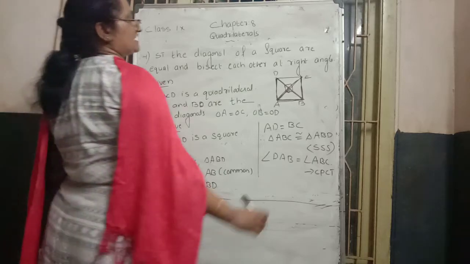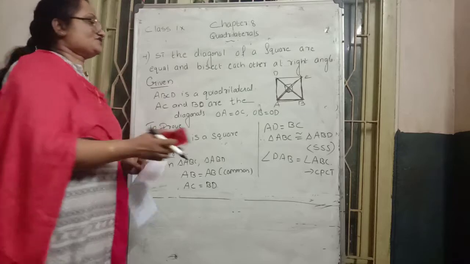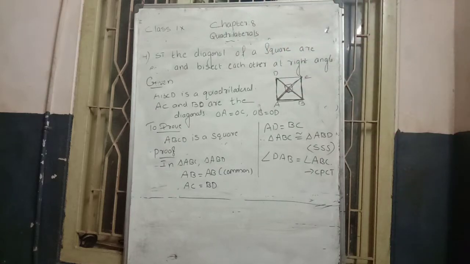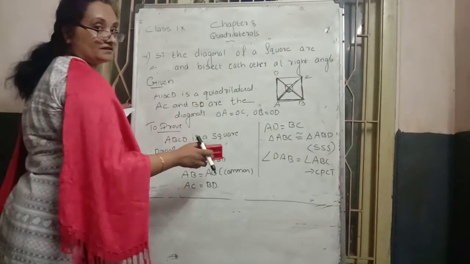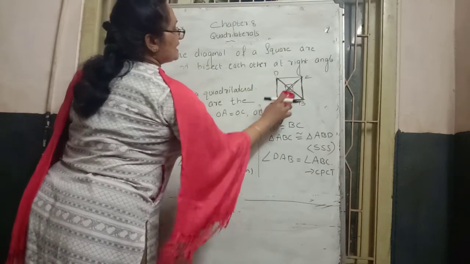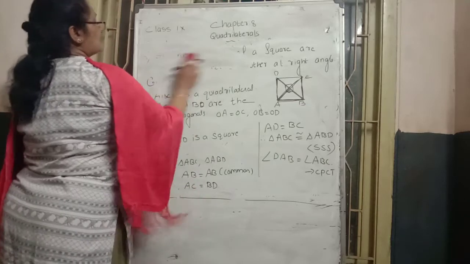Next we consider these two triangles: triangle AOB and triangle AOD. Now we have proved that the sides are equal.